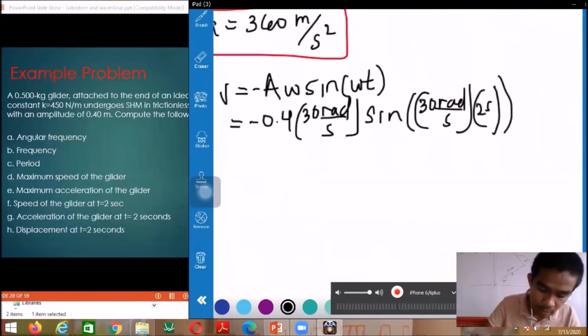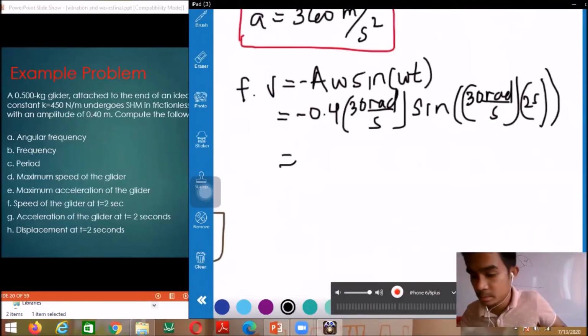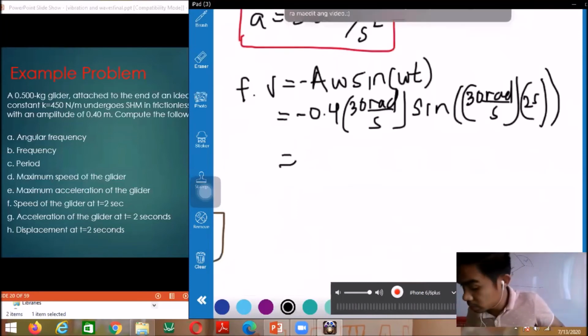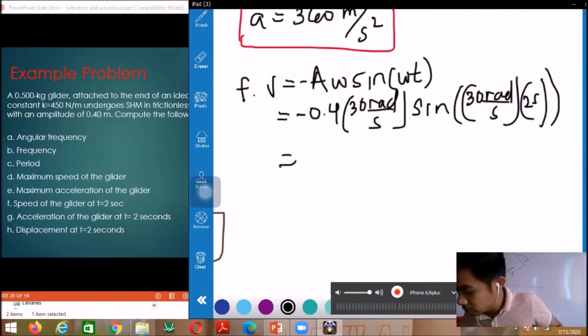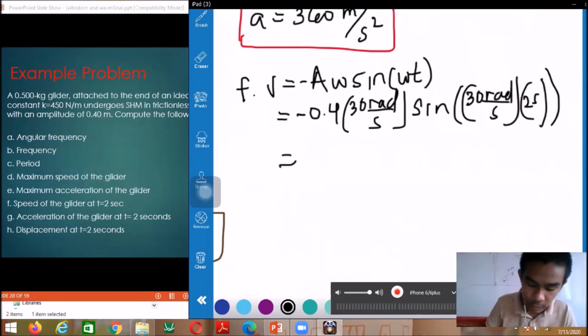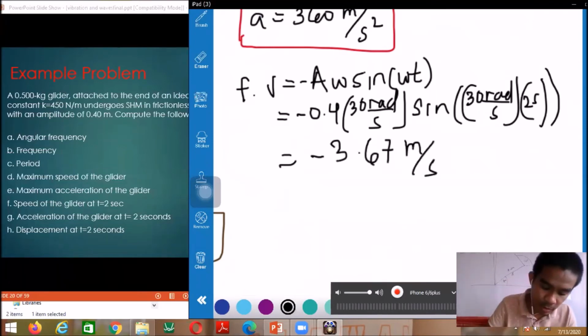Let us compute. So the speed is negative 3.67 meters per second. So that's the speed.